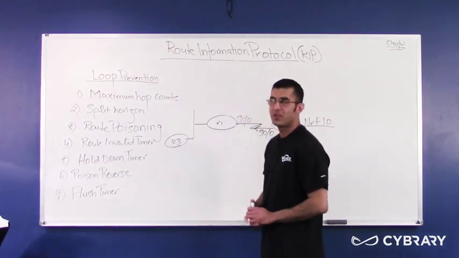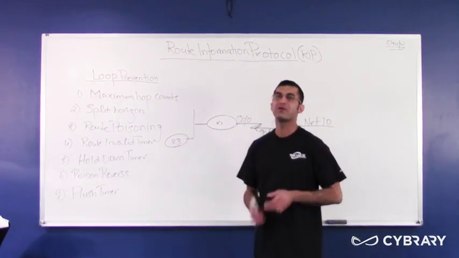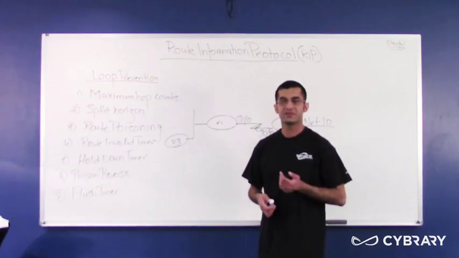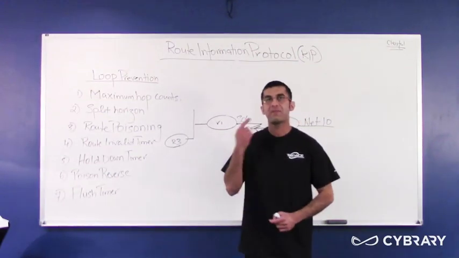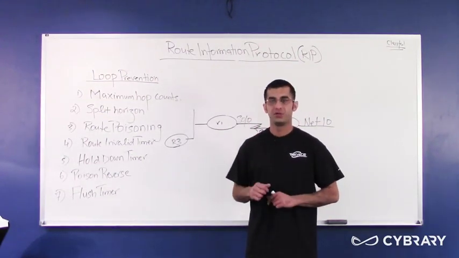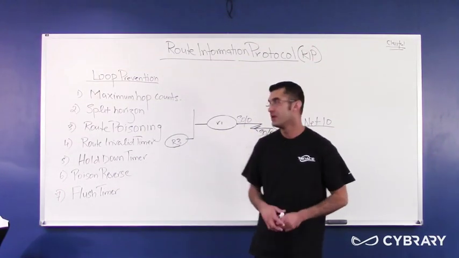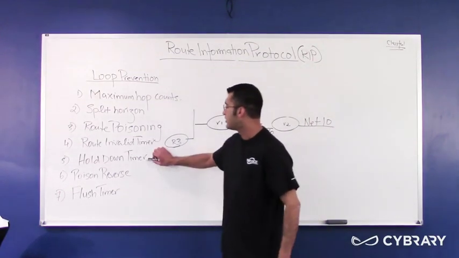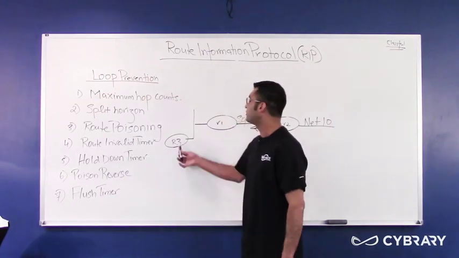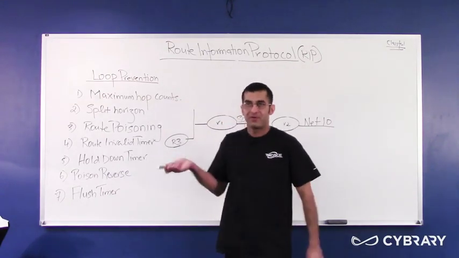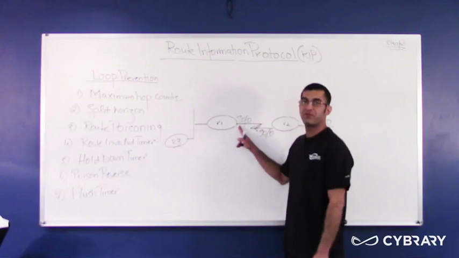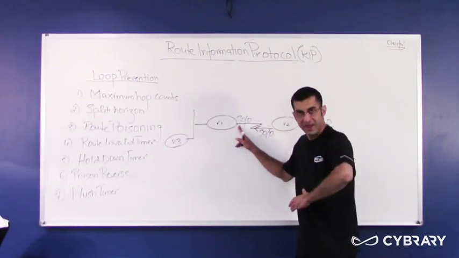Why is this so? Well, back in the olden days, router interfaces, when they went down and came back up, used to flap. They used to go down, come up, go down, come up, go down, come up before stabilizing. So this was a mechanism for the router not to continually add and delete that route from the routing table as the upstream interface came up and went back down.